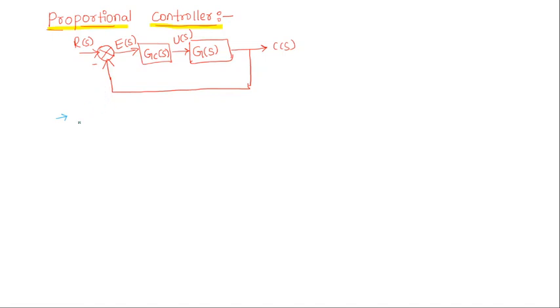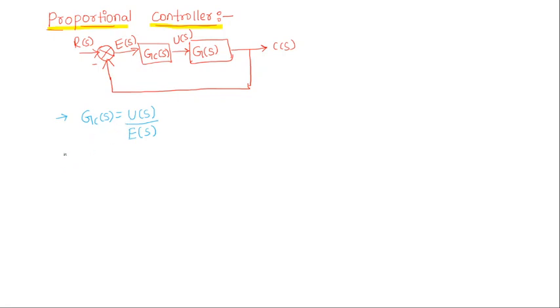If I write the transfer function of the controller, it is the ratio of output to input. For Gc(s), the output is U(s) and the input is E(s). So this is the transfer function of any controller.